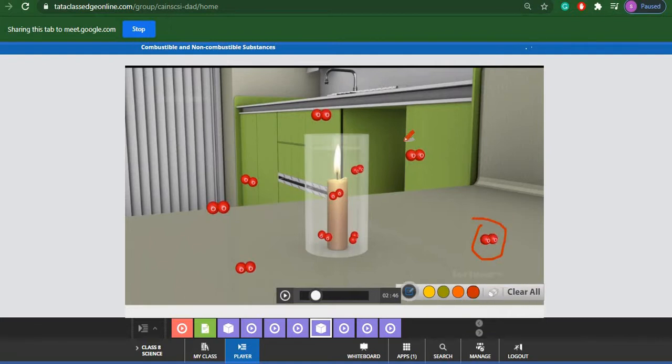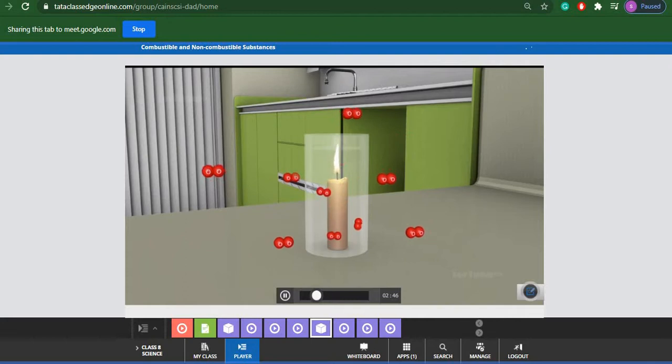This is one container actually. So this oxygen is present inside, and due to this oxygen, it will burn for a few minutes. Because the glass will cut off any outside oxygen, the candle will go out after a few minutes.